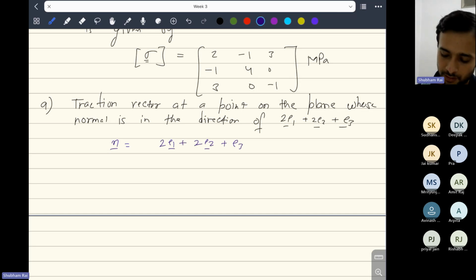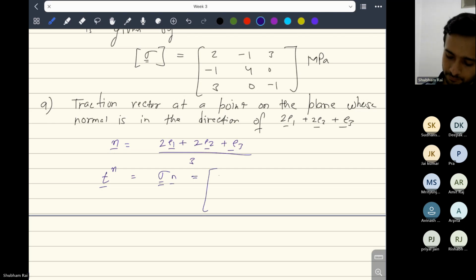That will be square root of 9, which is 3. So there is 1 by 3. And once you have this normal vector, you can easily calculate traction vector. So you know that traction vector on a plane with plane normal n is given by sigma times n. Okay. So sigma you already have. So just 2 minus 1, 3, minus 1, 4, 0.